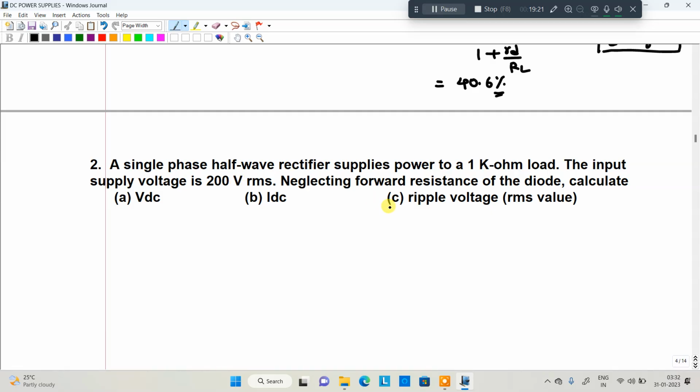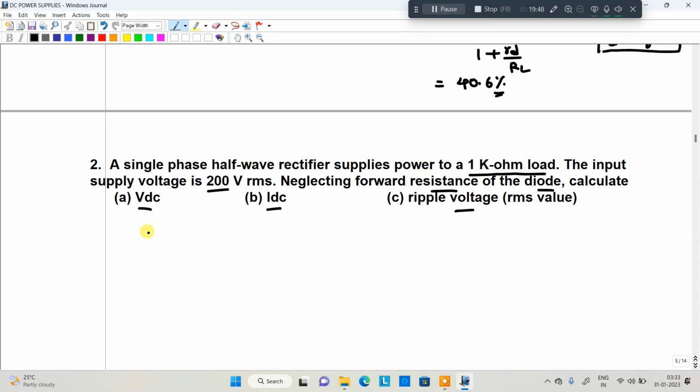A single phase half-wave rectifier supplies power to a 1 kilo ohm load. The input supply voltage is 200 volts RMS. Neglecting the forward resistance of the diode, calculate the VDC, IDC and ripple voltage. Three points you need to calculate.